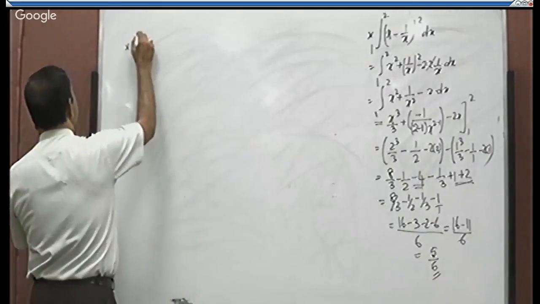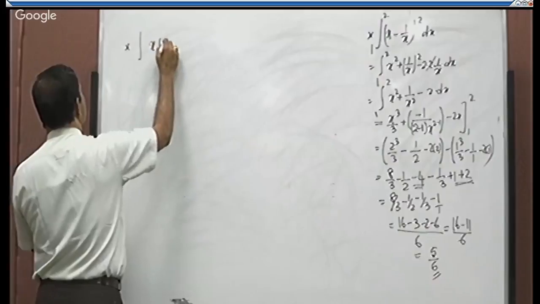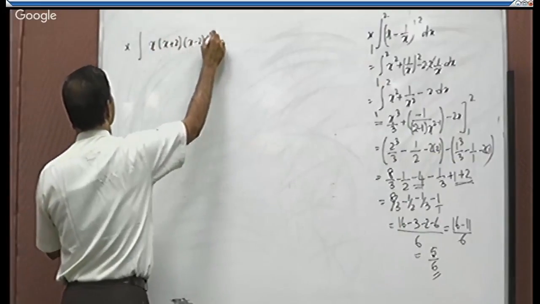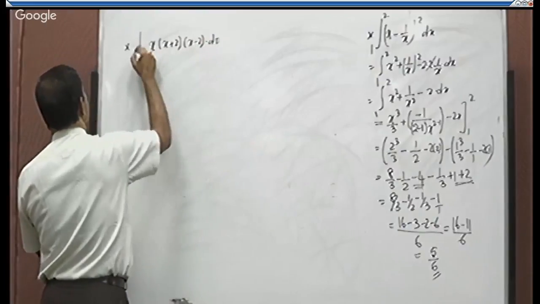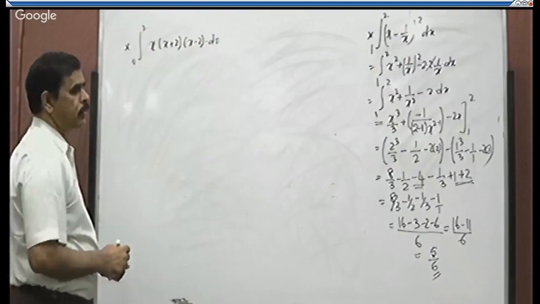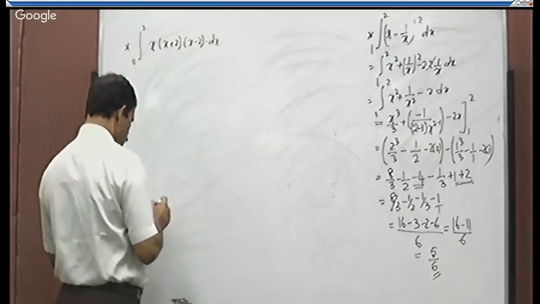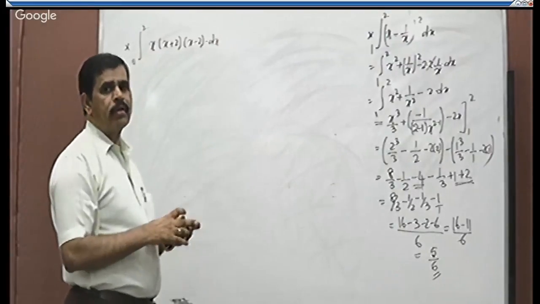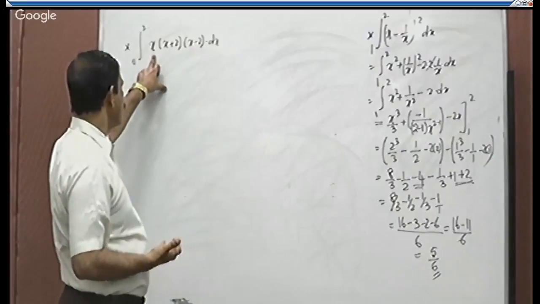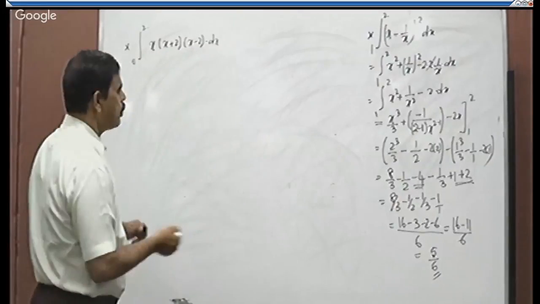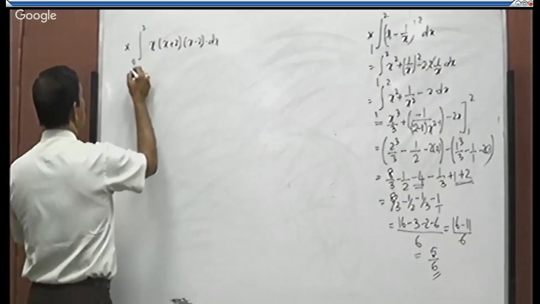Next problem: integration of x into x plus 2 into x minus 2 into dx, 0 to 2. We have three terms which are in product: x, x plus 2, and x minus 2. We just have to remove the bracket, right?